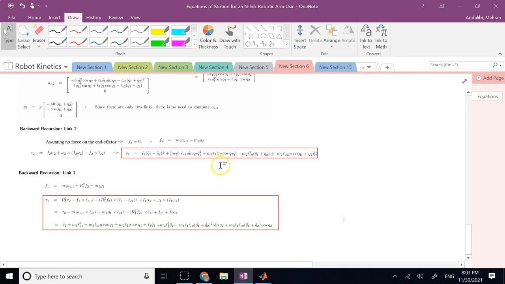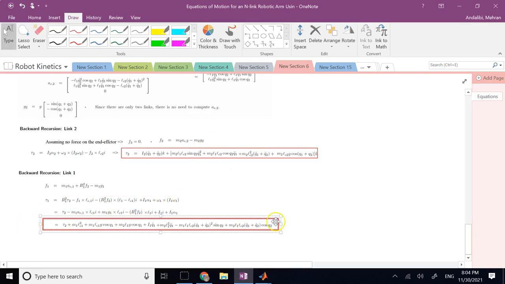So what I did, I wrote the equations inside these two boxes, specifically for the bottom one, the last line really. So tau 1 equals the whole thing. I wrote those two as a linear set of equations: a coefficient matrix times the unknown vector q1 double dot and q2 double dot equals a right-hand side.